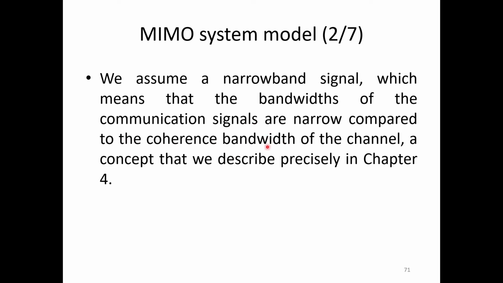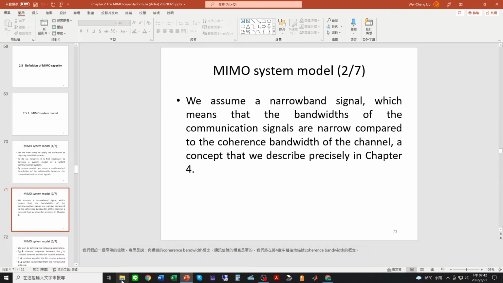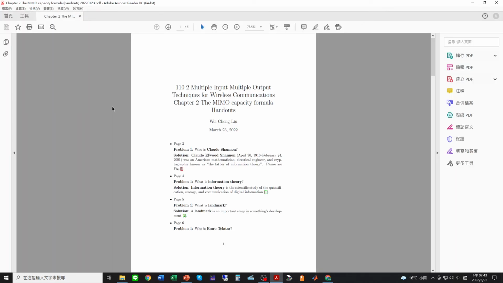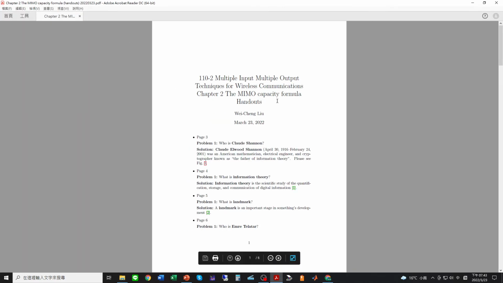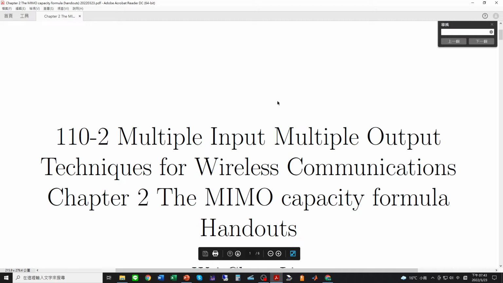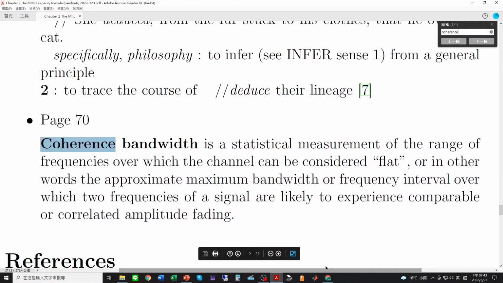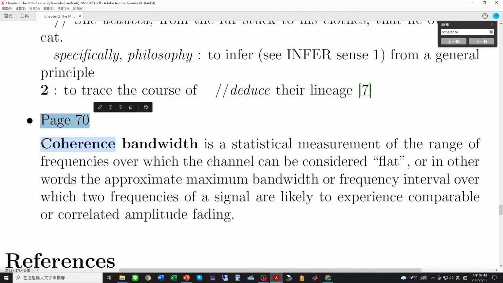Okay, what is the coherence bandwidth? Let us see the handout. Page 70.